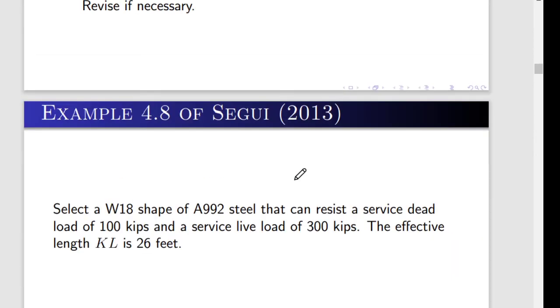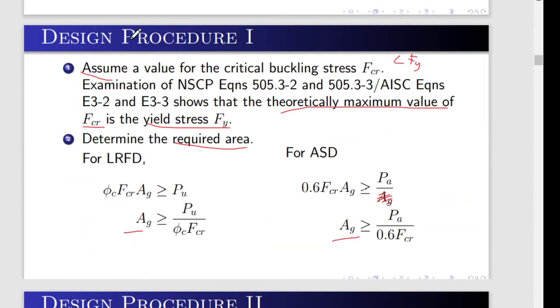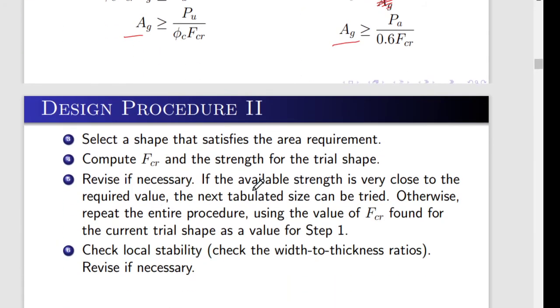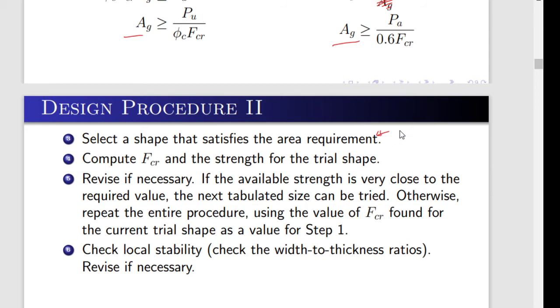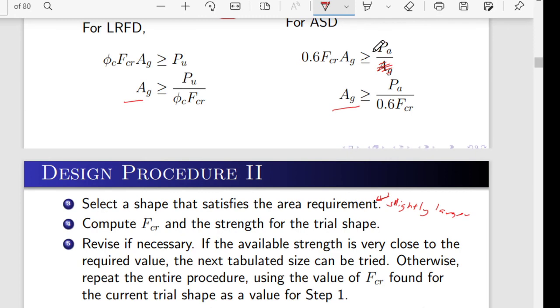Alright. For design procedure 2, select a shape that satisfies the area requirement, a continuation of procedure 1, meaning a shape slightly larger than the area requirement through LRFD or using ASD.